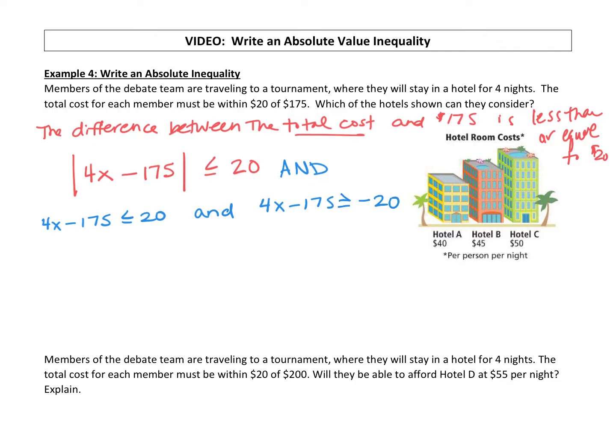Let's solve each of these separately. So this one, add 175 first. So 4x is less than or equal to 195. Divide both sides by 4. And x is less than or equal to 48.75. I'm going to carry down the word and then let's go ahead and solve this.